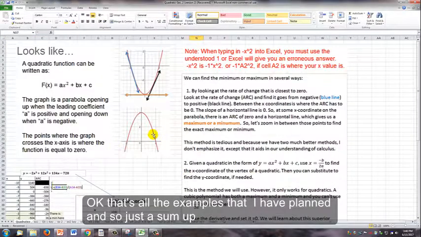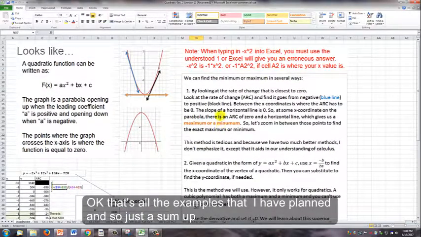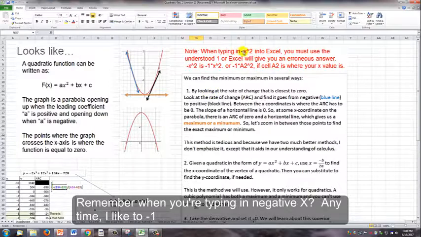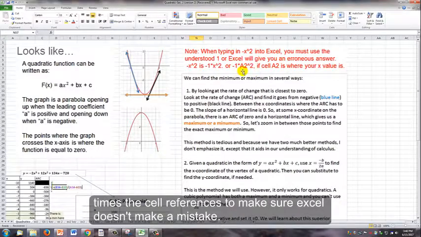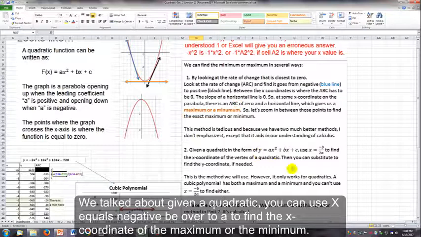Okay, that's all the examples that I have planned, and so just to sum up, remember when you're typing a negative x of any kind, I like to do -1 times the cell reference just to make sure Excel doesn't make a mistake. We talked about given a quadratic, you can use x equals negative b over 2a to find the x coordinate of the maximum or the minimum.